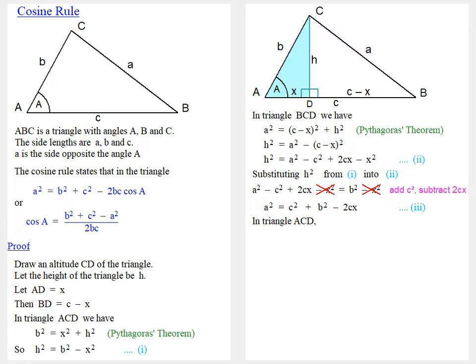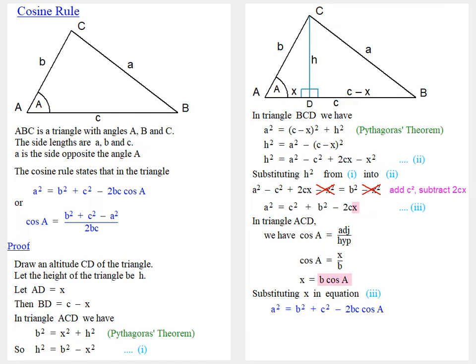Now, in triangle ACD, we have the cosine of A is the adjacent over the hypotenuse. So the cosine of A is x over b, or if we multiply all the way through by b, we can write x equals b cos A. Now if we substitute the value of x into equation 3, we get a squared equals c squared plus b squared minus 2cb cos A. Or we can write that a squared equals b squared plus c squared minus 2bc cos A. That was what we were required to prove.